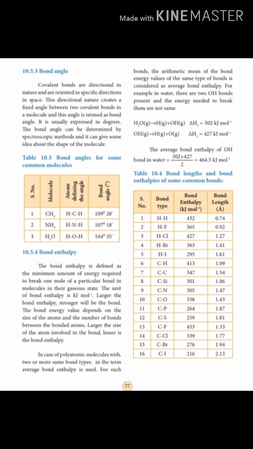For example, in water, there are two O-H bonds present and the energy needed to break them is not the same. See the picture. The average bond enthalpy of the O-H bond in water is (502 + 427)/2, so the answer is 464.5 kilojoule per mole. So see this tabular column, bond lengths and bond enthalpies of some common bonds.